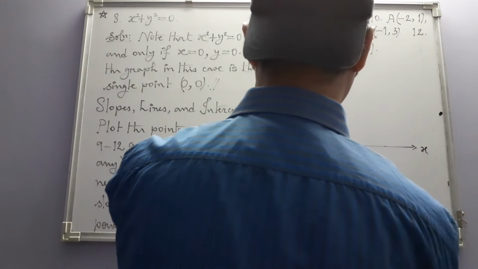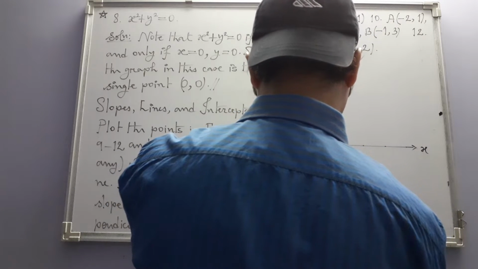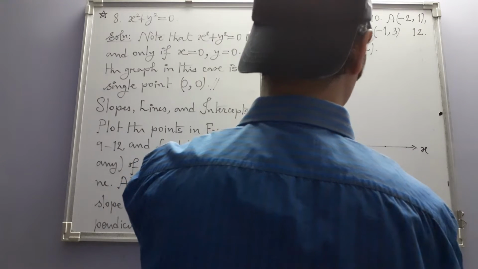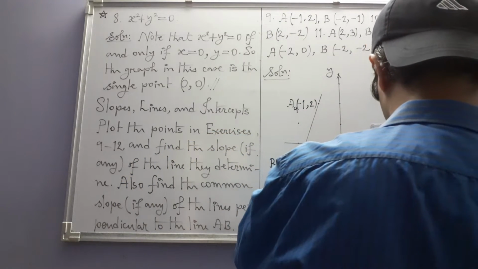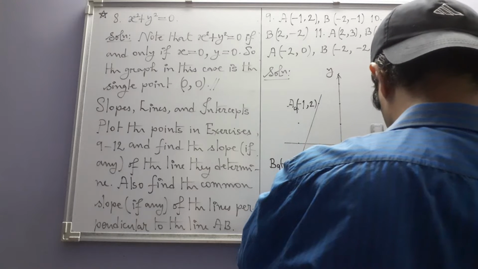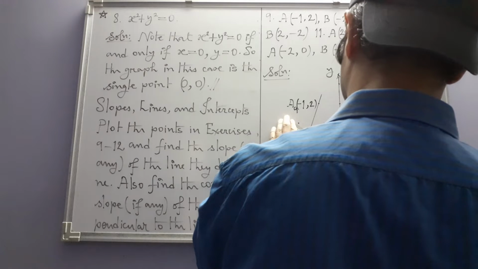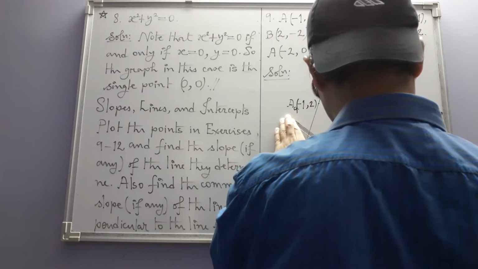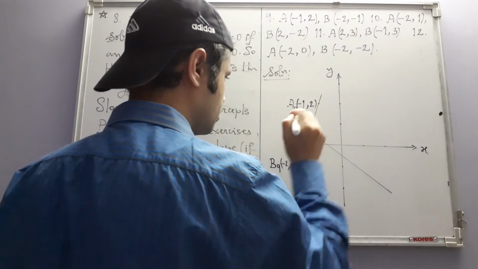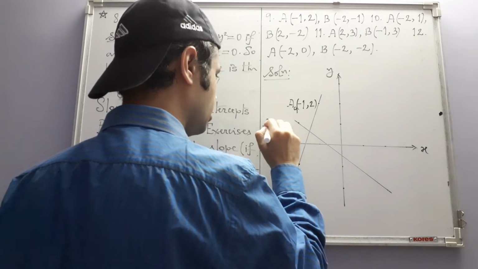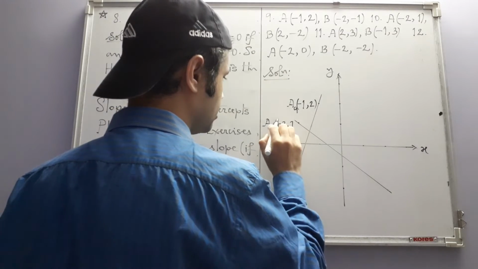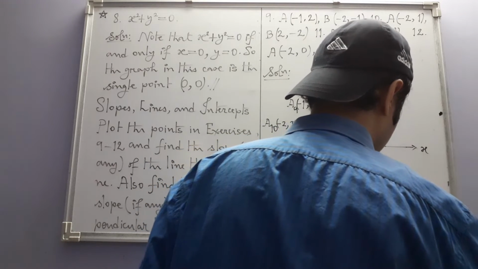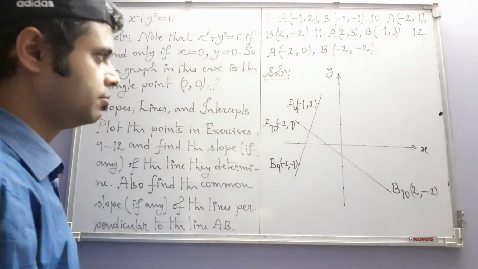Then let's draw the 10th one also. -2, 1, this point, and 2, -2. This is A10, -2 comma 1, and this one is B10, 2 comma -2.